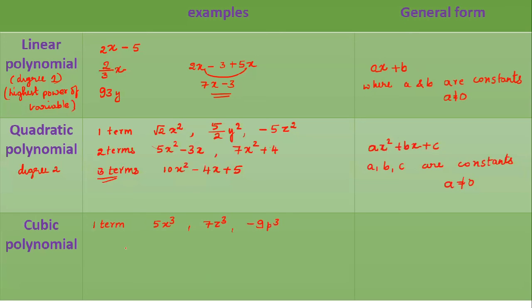Now write examples of cubic polynomials. Having one term: 5x cube, 7z cube, minus 9p cube. Having two terms: 2x cube plus 3x square, two terms with x cube and x square. You can write x cube and x: 5x minus 2x cube, 9 plus 10x cube.